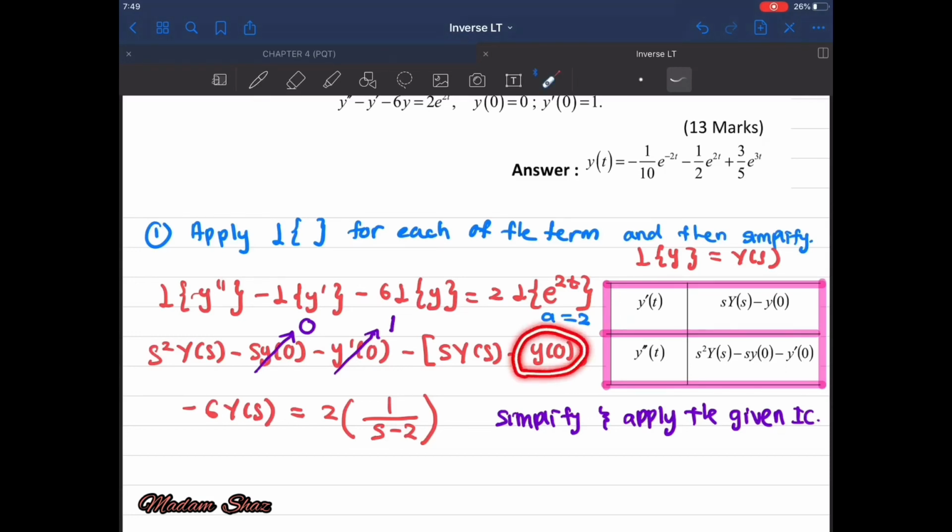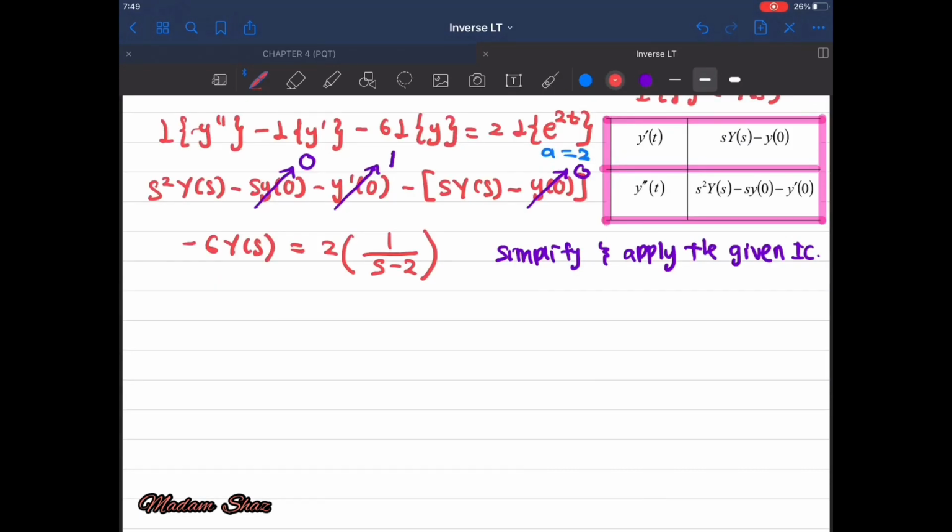So therefore, s square Y(s) minus s multiplied with the 0 will become 0, minus 1, minus s multiplied with the Y(s), so minus sY(s), minus 0 will become positive 0.